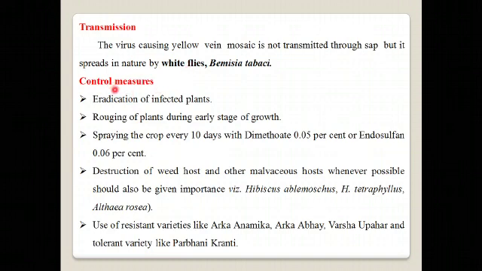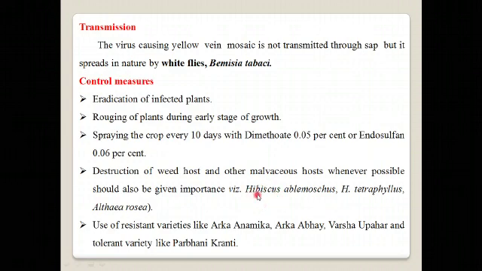Then we go to the last point, that is the control measures. Means how to control this yellow vein mosaic disease in bhendi crops. So the most effective management practice for farmers is destruction of weed hosts and other malvaceous hosts; whenever possible, importance should be given to this, because this virus generally survives on some weed species and other malvaceous host crops, that is hibiscus species, in the absence of the bhendi crop.